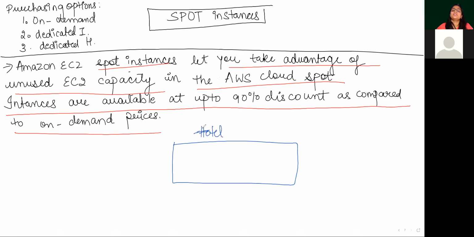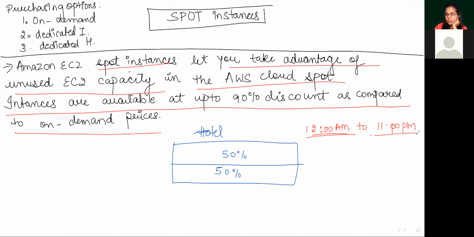Now say you have 50% of rooms here and 50% of rooms on 2 floors. Now what happens, your timing is generally from 12 a.m. to 11 p.m. If a person buys a room at 12 a.m., they have to empty it by 11 p.m. Now say all the 50 rooms are occupied, and the rate was $1,000.